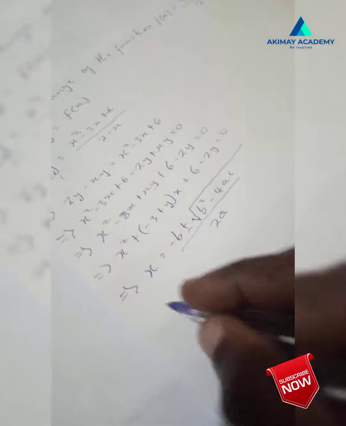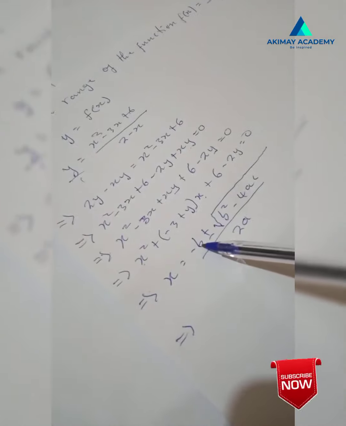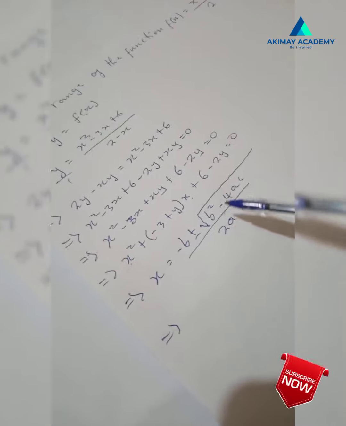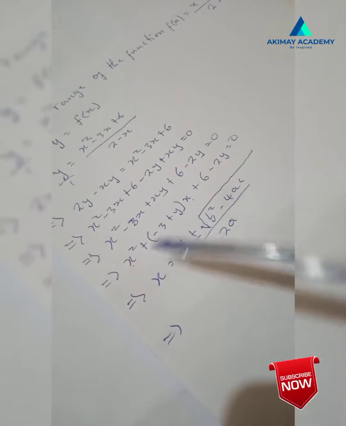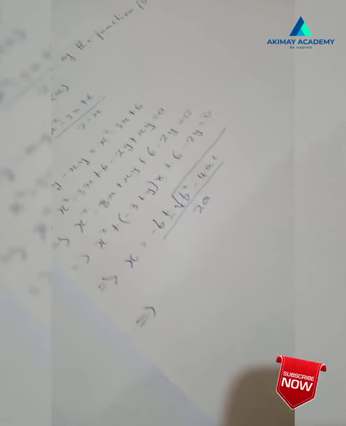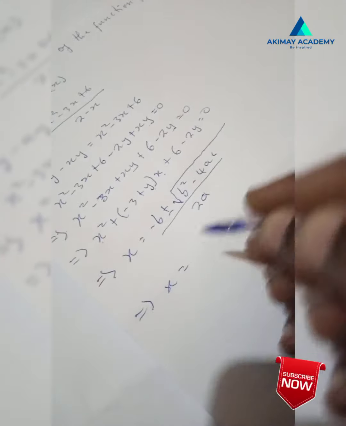So at this point we're fixing the values of b, which is the coefficient of x, then a, which is the coefficient of x squared, then c to be our constant. So we fix in the values.